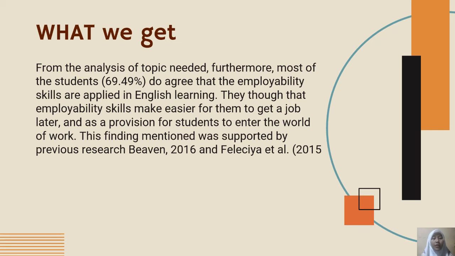So they think that when employability skill is applied in English learning, it will be easier to get a job. They will be able to improve their employability through the English learning process. This finding was also supported by previous research in 2016 and in Malaysia in 2015.